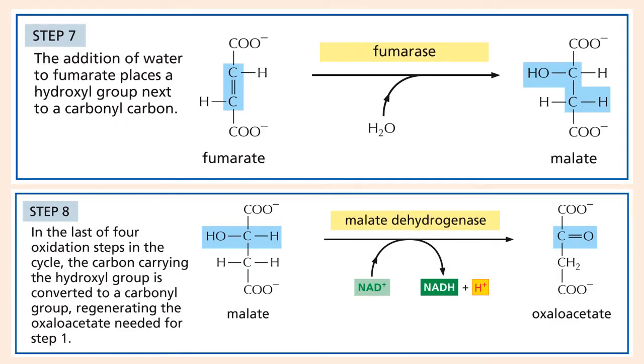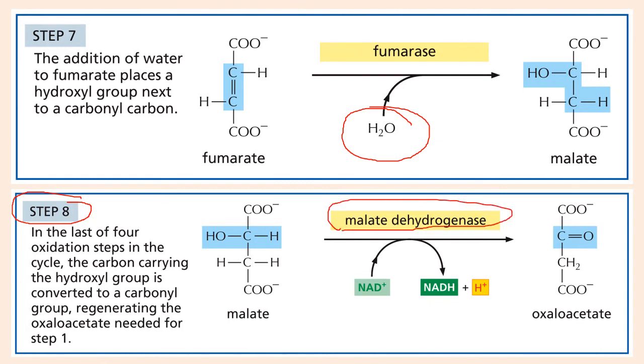Step 7 is adding a molecule of water into the system, and we're going to use the enzyme fumarase. And we're almost done, everybody. Hold on there. And this is our last step, step number 8. And what we see happening here is that we're going to use the enzyme malate dehydrogenase.